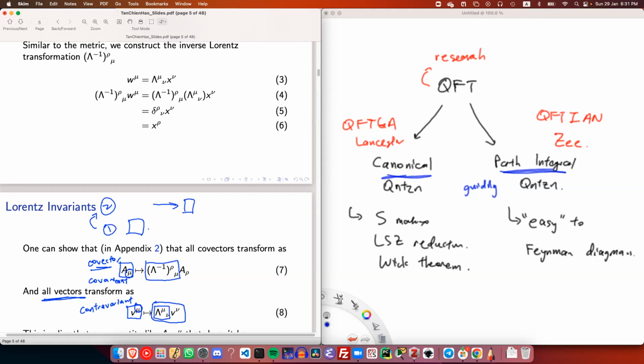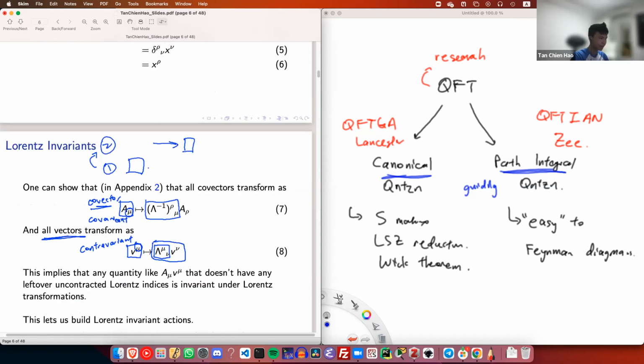And the nice thing, to elaborate a bit more, is that if you have a lower index and an upper index and you contract them like this, meaning that you sum over that index, then this quantity is actually Lorentz invariant.